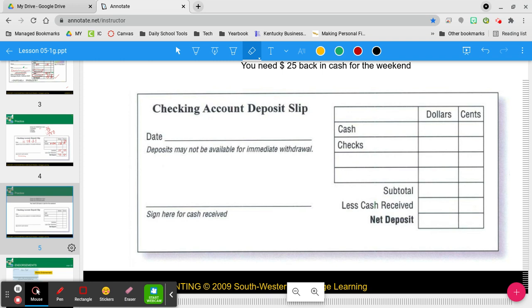Then you add up the money, the cash and change, and you fill in there what it is. How much does that add up to? 705. Add it up.